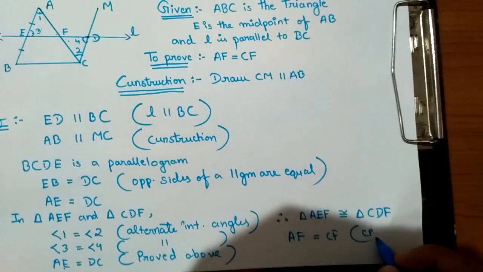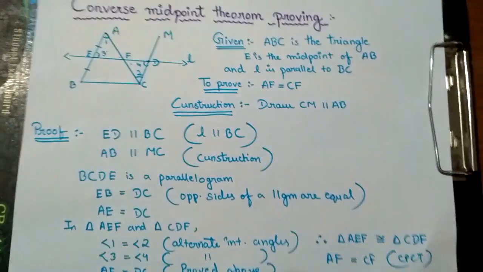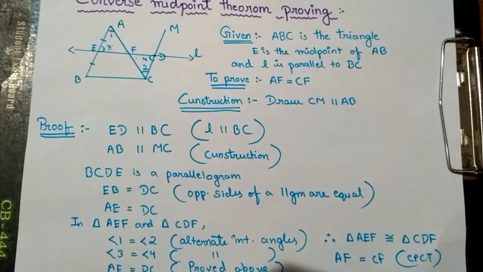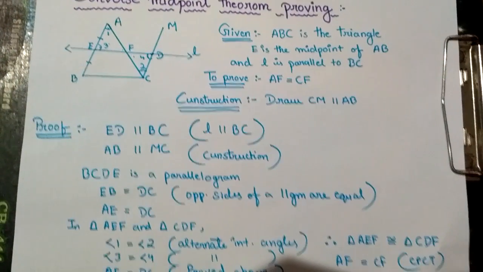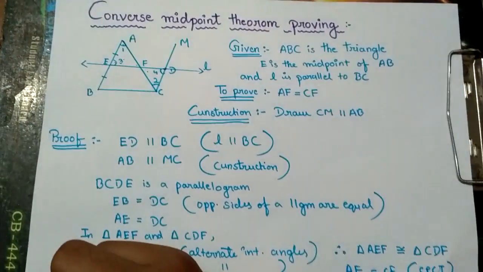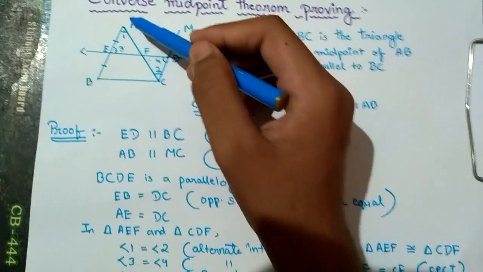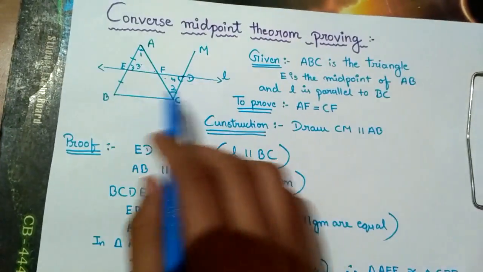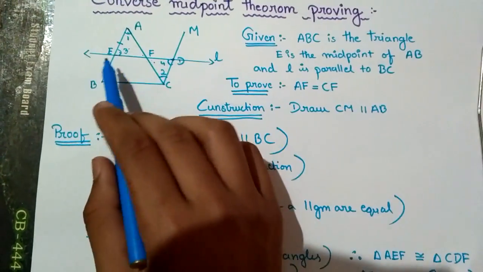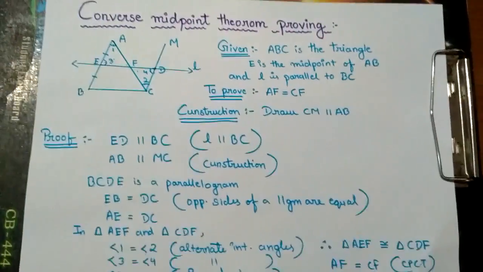Reason: by corresponding parts of congruent triangles, we have proved that AF equals CF. So we have proved that F is the midpoint of AC. Now our converse of the midpoint theorem is properly proved: as EF is passing through the midpoint of AB and EF is parallel to BC, EF will pass through the midpoint of AC. We have proved the converse of the midpoint theorem.